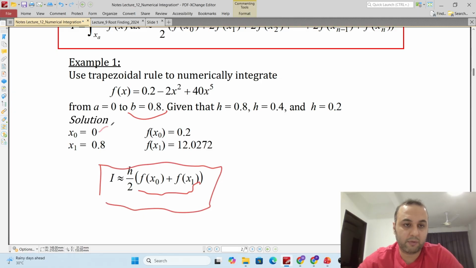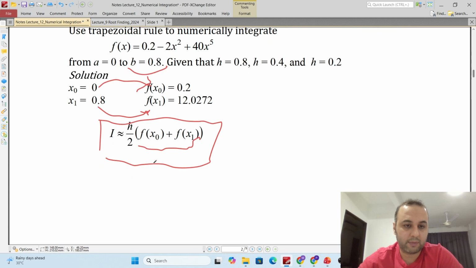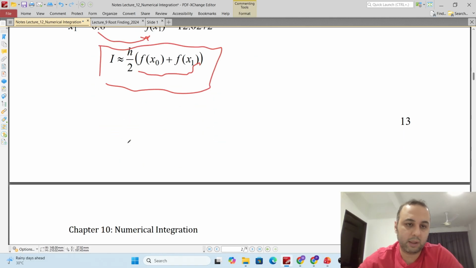First substitute both points inside f(x), the function. Then we can apply this formula and calculate the area.